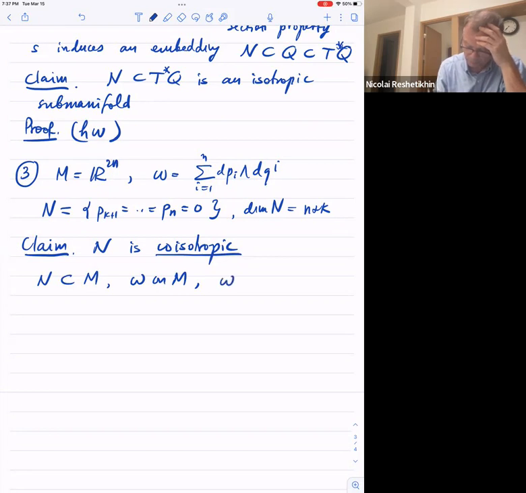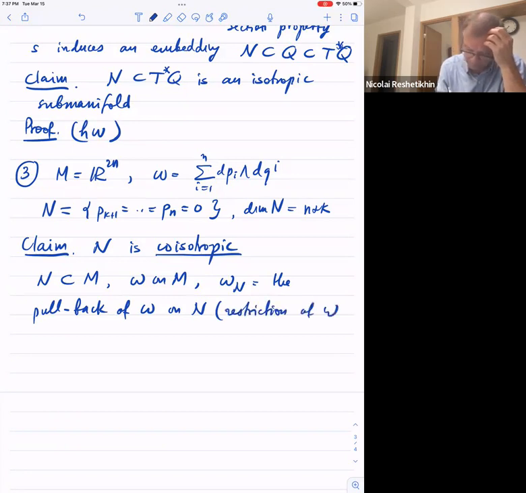So let omega N be the pullback of omega on N, or loosely, the restriction of omega to N. So how do we compute it?